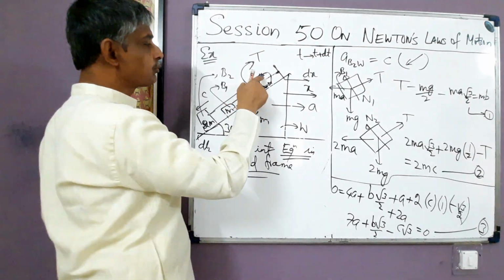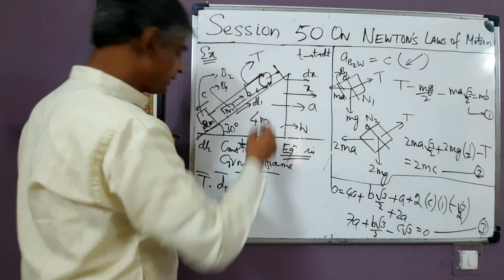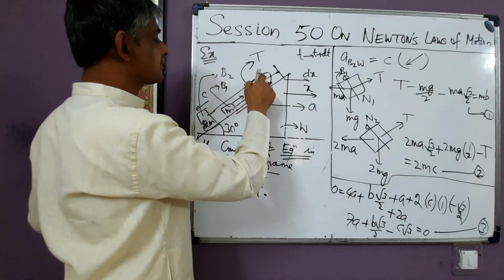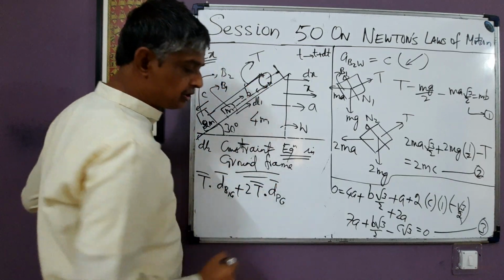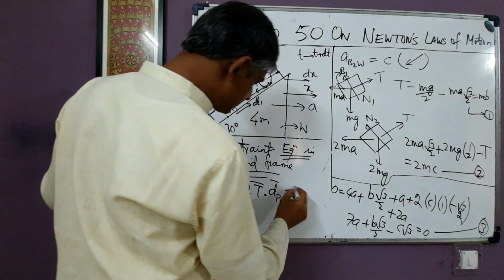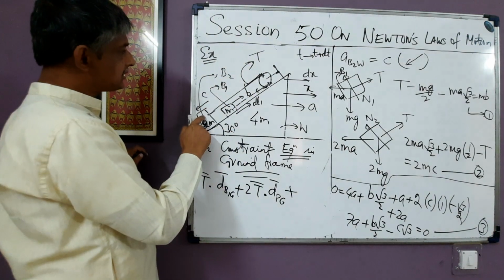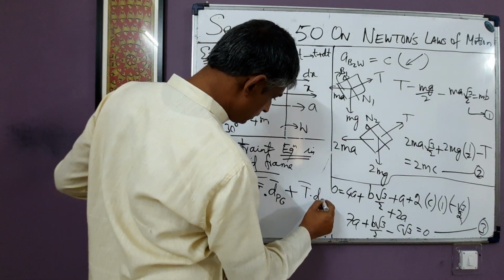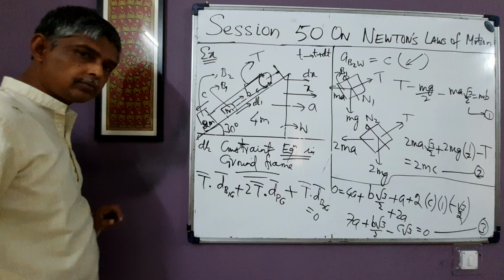And the displacement of this pulley with respect to ground is simply that of the wedge with respect to ground, dx. So how do you write that? 2T dot displacement of this pulley with respect to ground, dPG. P for pulley, G for ground. Plus work done by string on the block of mass 2m, B2. So we write T dot dB2G adds up to what? 0. Fine.